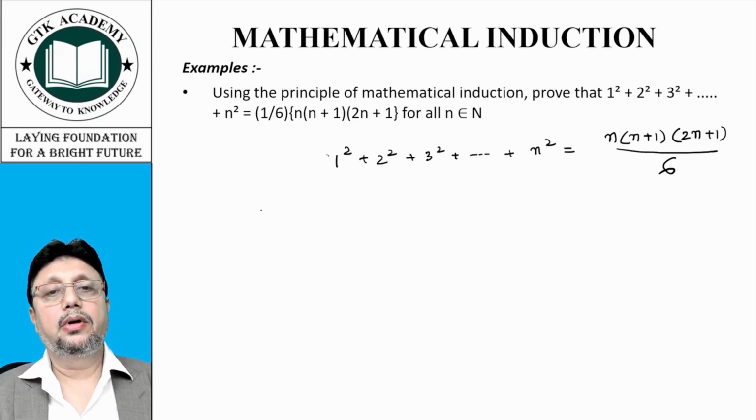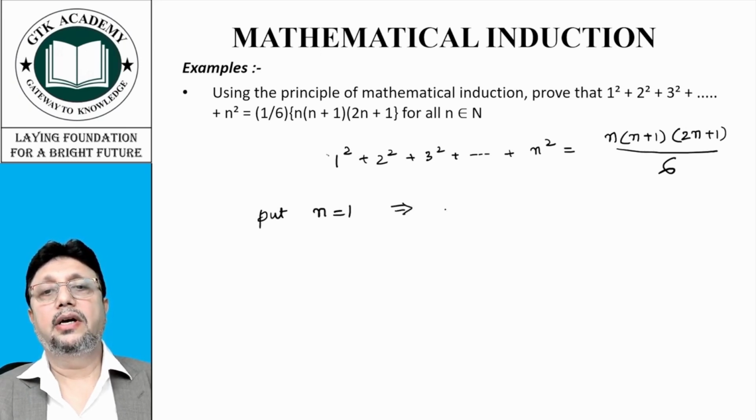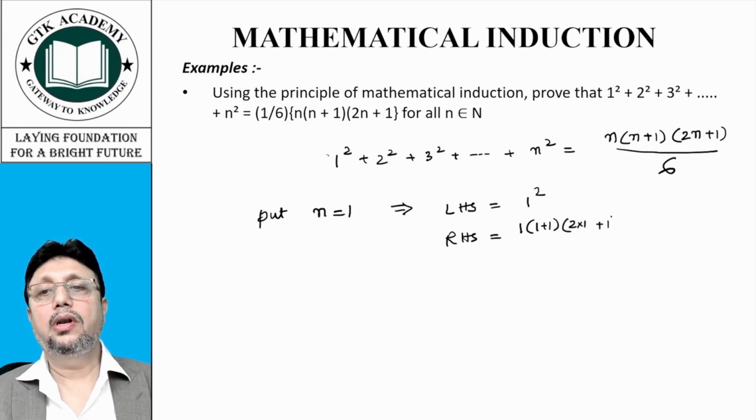So base step, put n is equal to 1. So this implies that left hand side will have only one term, that is 1 square. Right hand side, put the value of n as 1: 1 into 1 plus 1 into 2 into 1 plus 1 divided by 6, which is equal to 2 into 3 divided by 6, which again is 1.